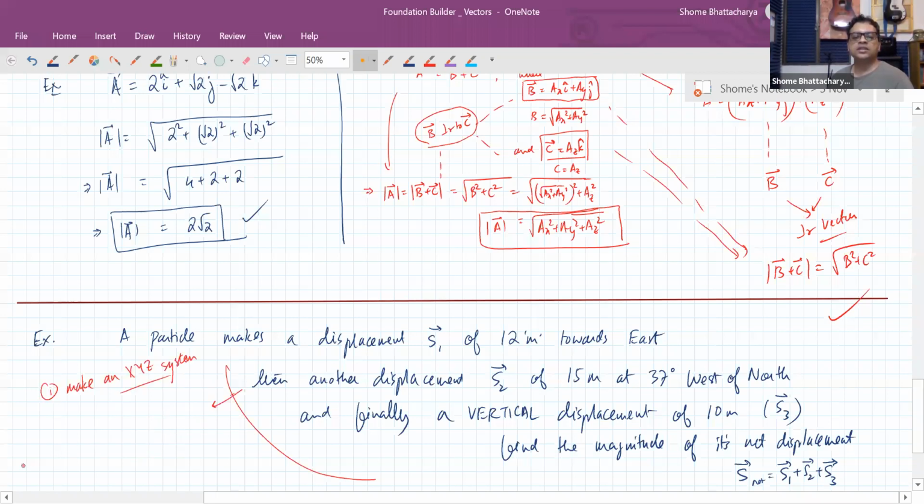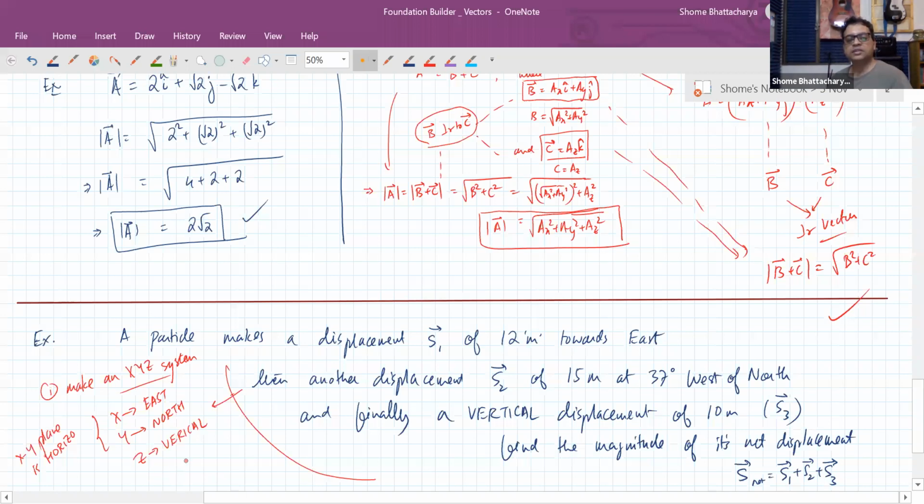Okay. So you can see that the xy plane is the horizontal plane. Okay. The plane of the ground, and this is the vertical. Okay. So that's the first step.